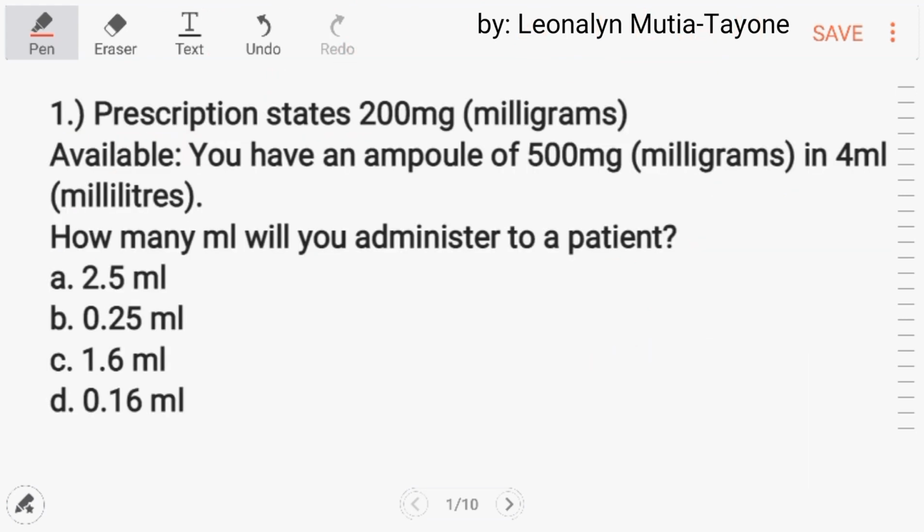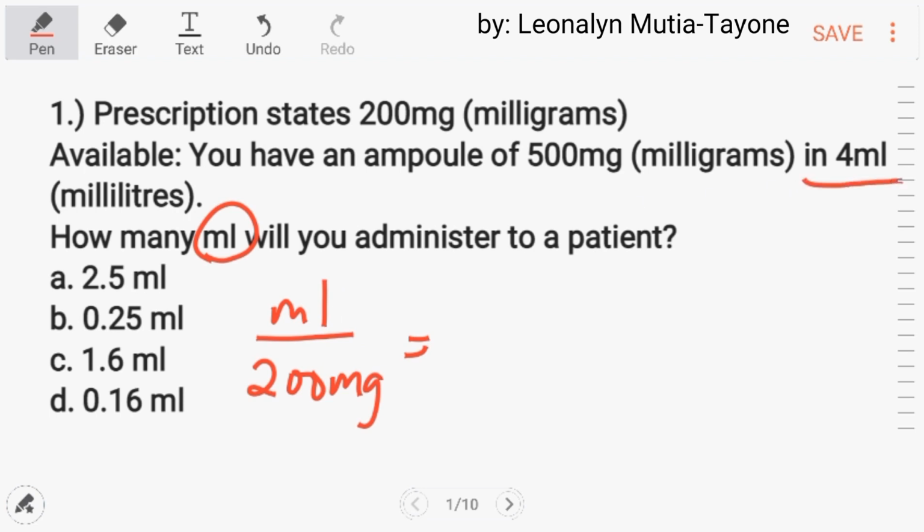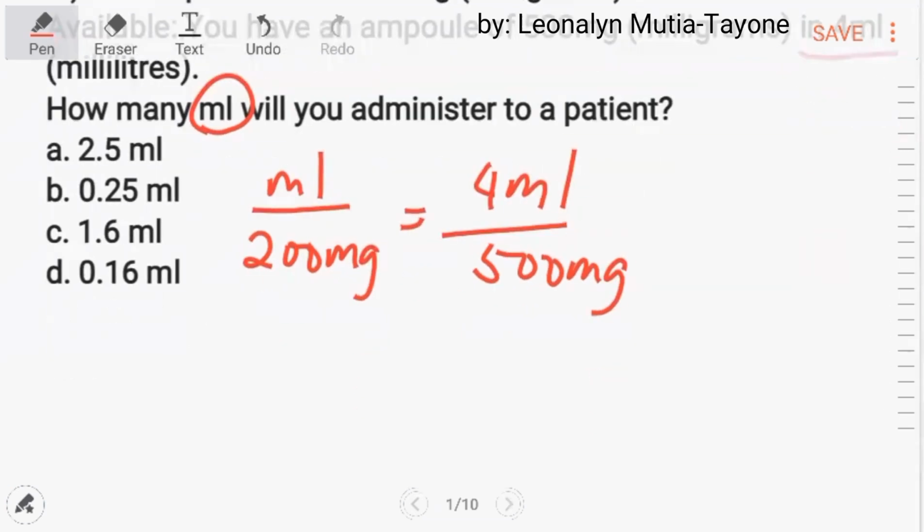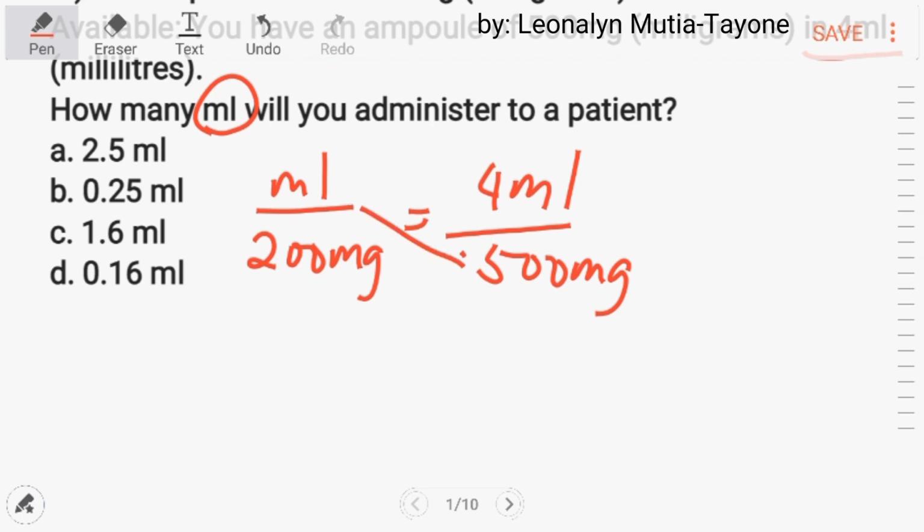Another way of solving this is ratio and proportion. In ratio and proportion, we're looking for this ml prescription. So 200 milligram, and the given is for ml, that is 4 ml over 500 milligram. Now we can solve this by cross multiplication. Let our ml be our x.